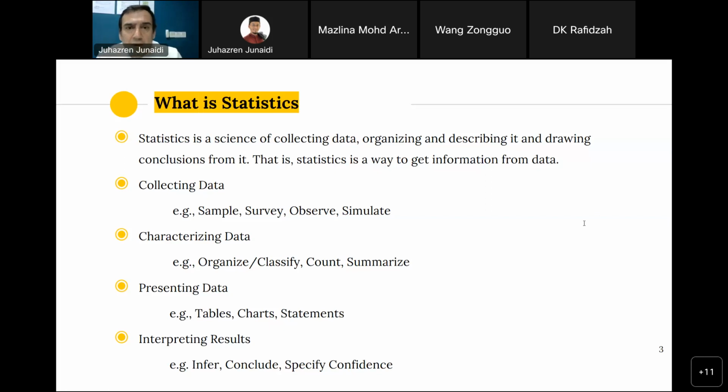So what is statistics? Statistics is a science, and it is about collecting data, organizing and describing it, and drawing conclusions from it. So this is what we try to do. We want to have chunks of information, which we call data.